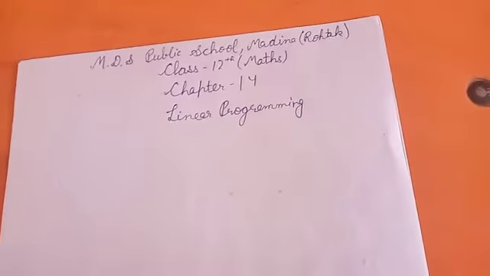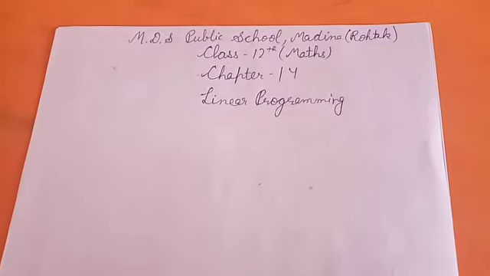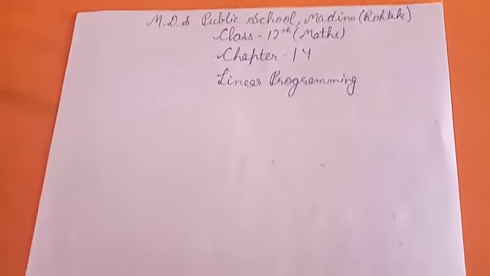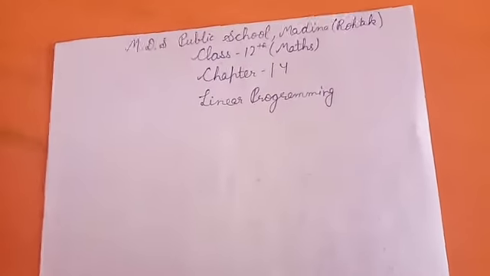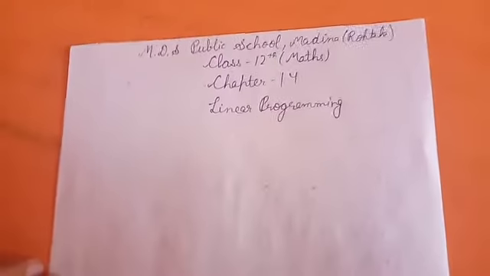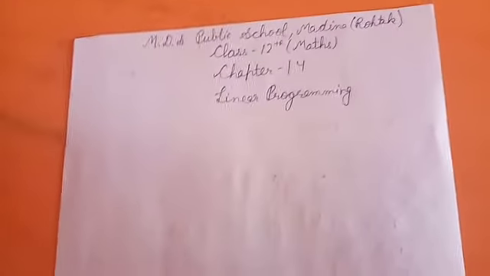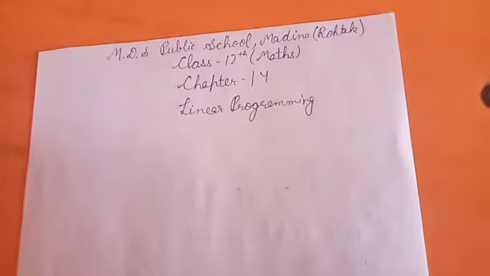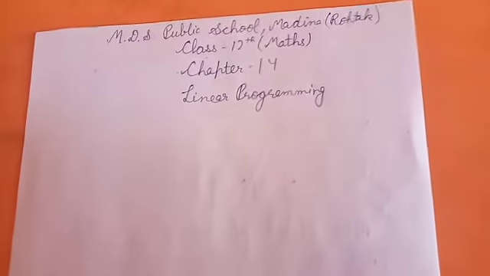In this chapter's first exercise, what you have to do is that you will be given a question. Okay, any question. From that question you have to make the problem.